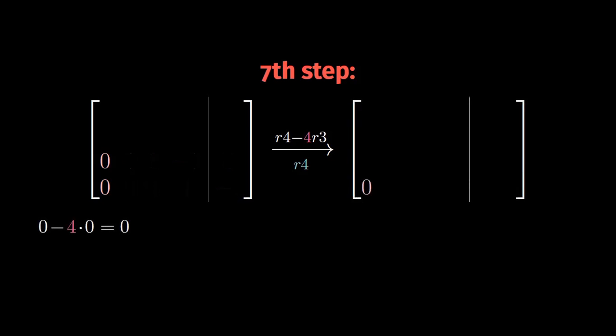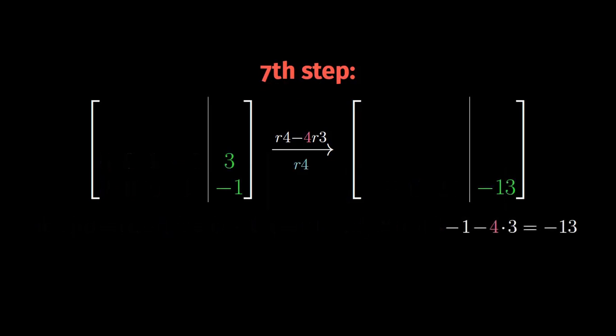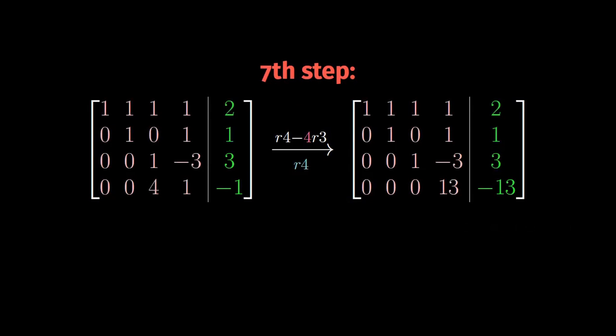Let's start. 0 minus 0 is 0. 0 minus 0 is 0 again. 4 minus 4 times 1 is equal to 0. 1 minus 4 times minus 3 is equal to 13. And finally, minus 1 minus 4 times 3 is equal to minus 13. And this is the final result that we obtain.